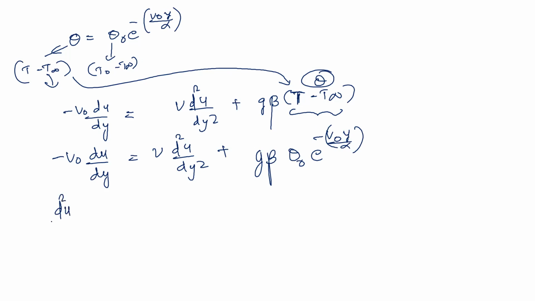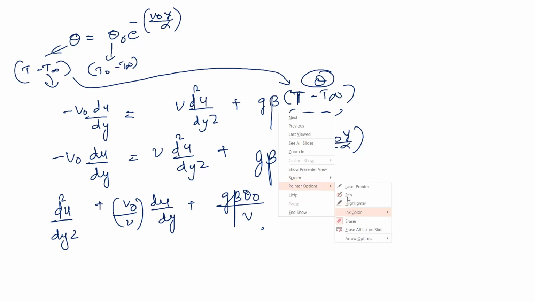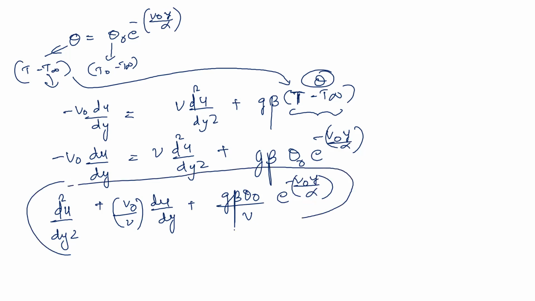So if you rearrange, d square u by dy square plus VO by mu into du by dy plus g beta theta O by mu into e raised to minus VO y by alpha. Sorry, it's mu. So that will be the differential equation for the velocity.